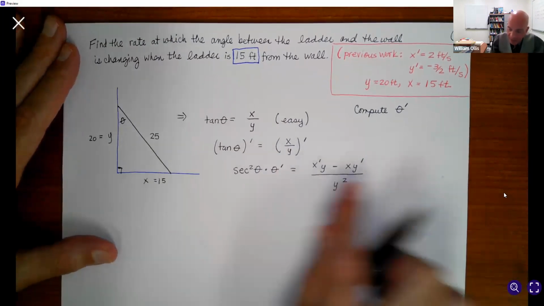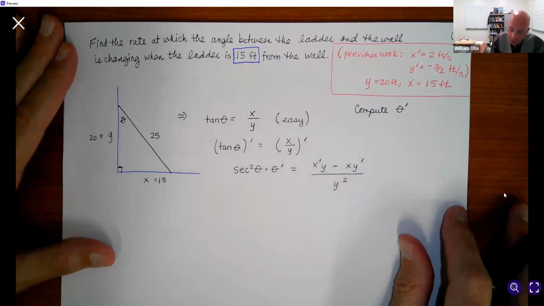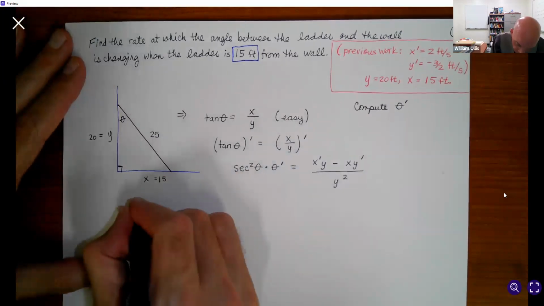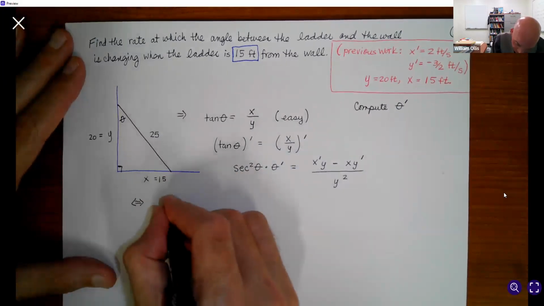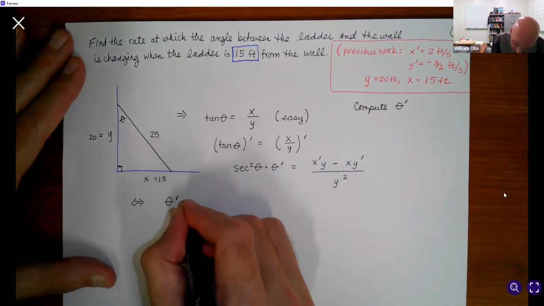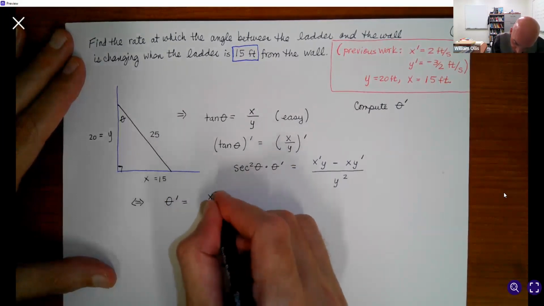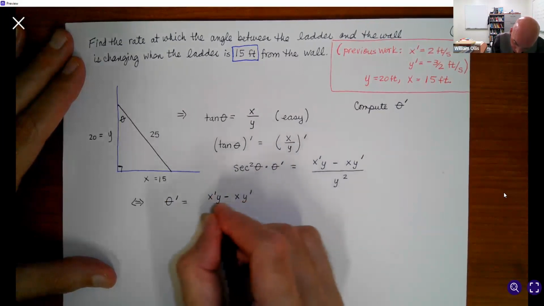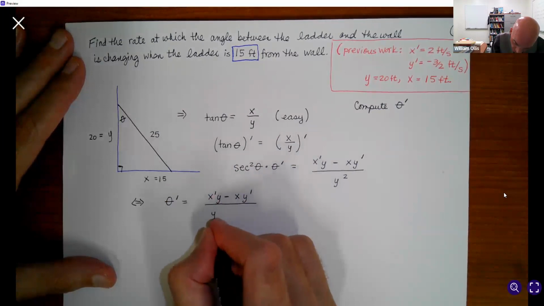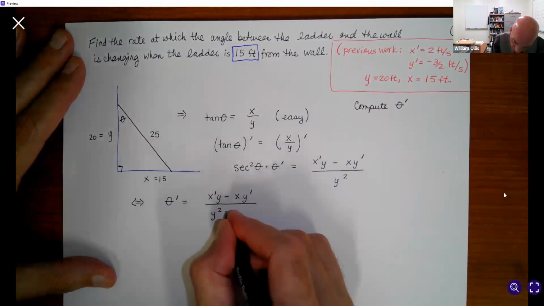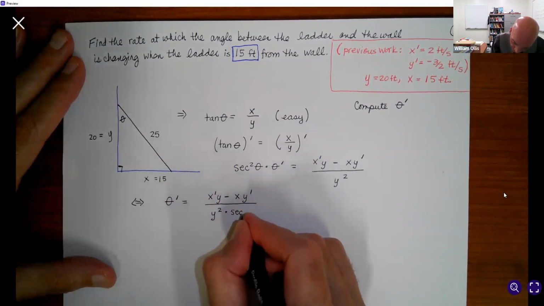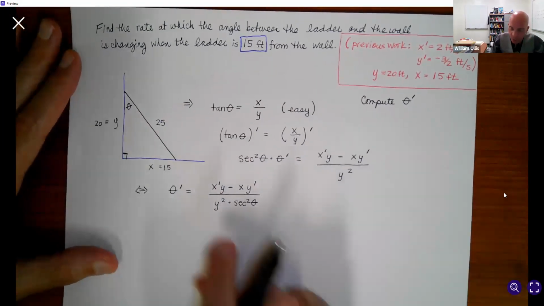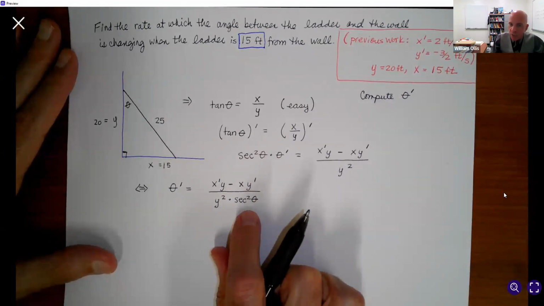So that is the differentiation process. So now all we have to do is isolate the theta prime. So theta prime equals x prime y minus x y prime, divided by y squared, times secant squared. So that will numerically give us what we're looking for.